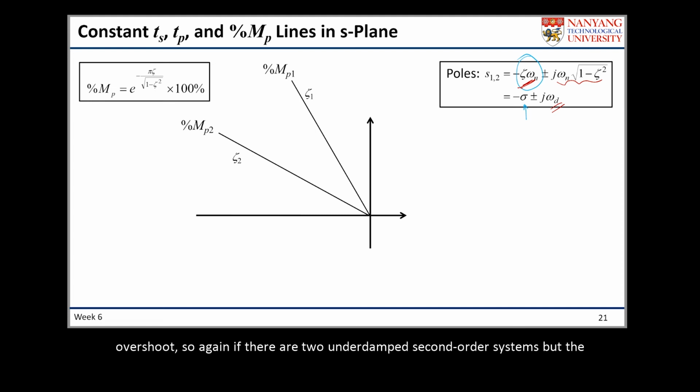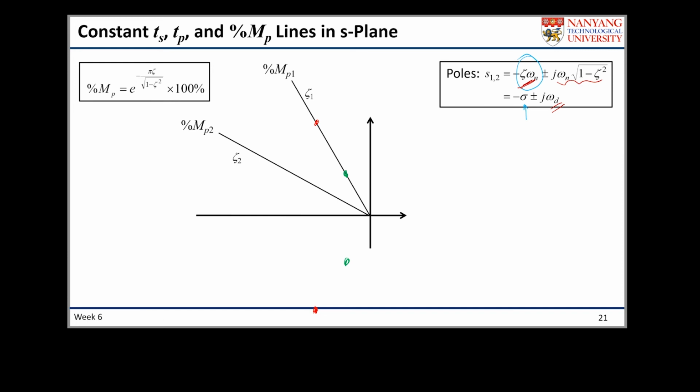Again, if there are two underdamped second order systems, the first system has a pole at this location, I draw it twice here because it must be a complex conjugate pair of poles. And then the second system has poles here. These two systems should have the same maximum overshoot.